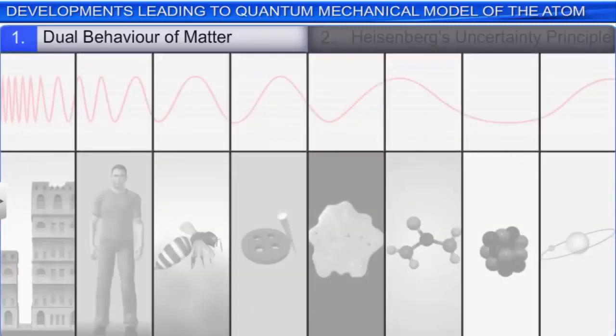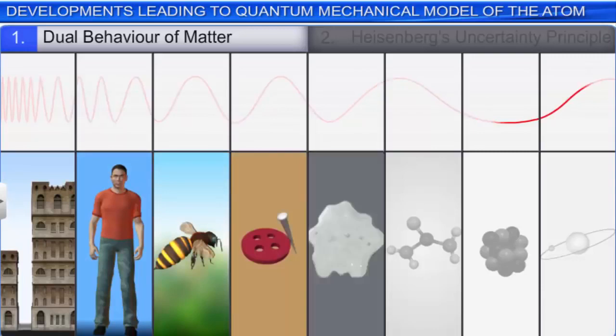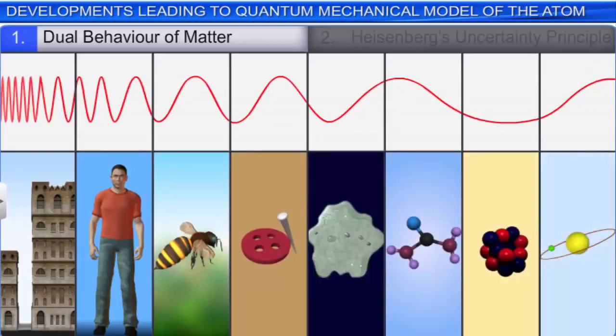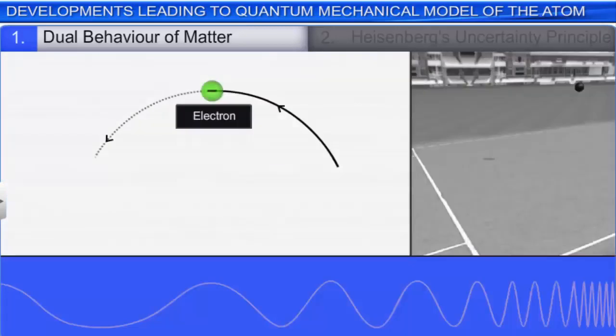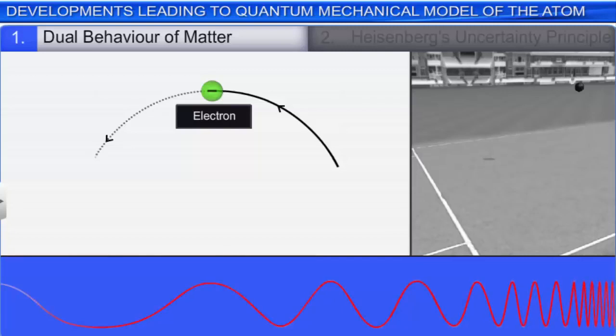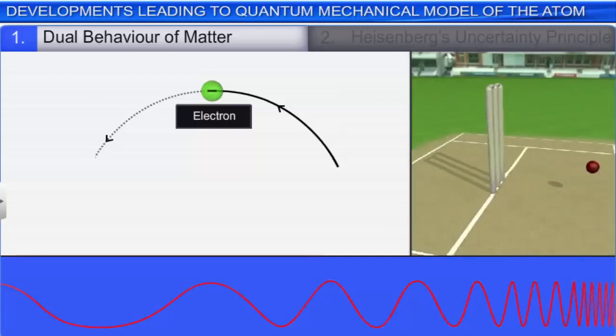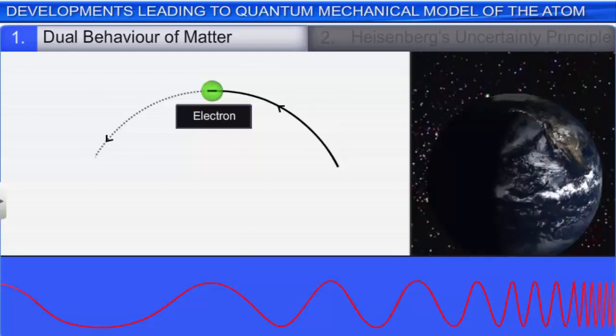That is, the wavelength of heavier objects is small and vice versa. Thus, the wavelength of lighter particles like electrons can be measured experimentally, whereas that of heavier objects like a ball or a planet cannot be detected.